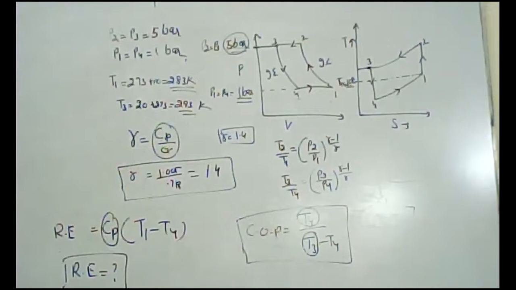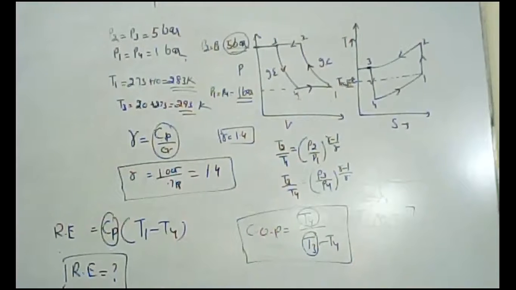So what is the value coming? Arpan, you tell me. What is the value of T4 and T3? The value of T3 is given as 293 and the value of T4 is 184.97. Very good. So you can also write it as 185.